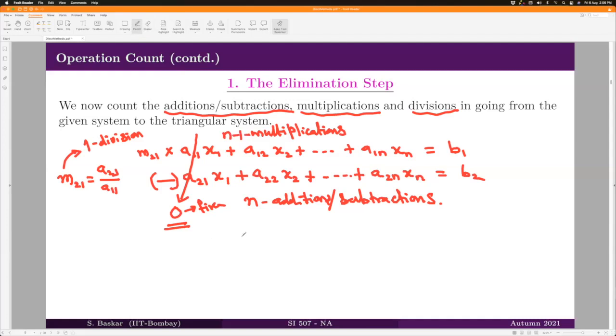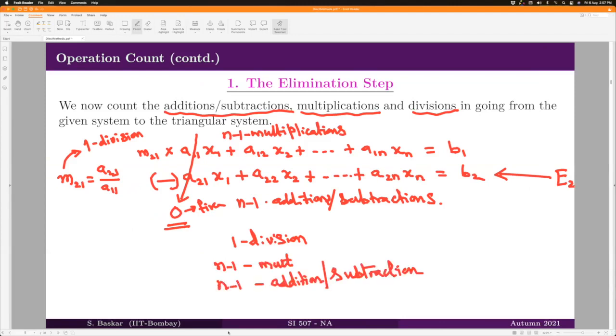Similarly, the number of additions and subtractions is also reduced to n minus 1. So for the modification of this one equation, we have one division, n minus 1 multiplications, and n minus 1 additions or subtractions, right? Now, how many such equations are there?